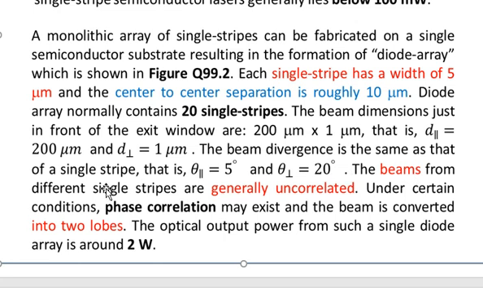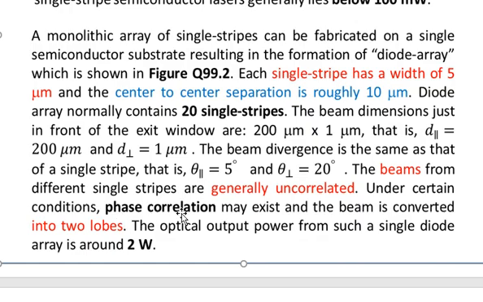The beams from the different single strips are generally uncorrelated, because there is no correlation between the phases of the light coming out from each of these single strip diode lasers. Under certain conditions, phase correlation may exist and the beam is converted into two lobes.